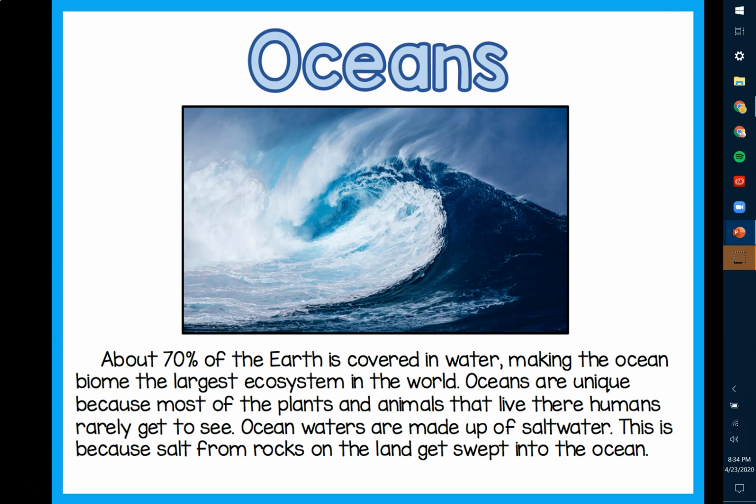So ocean water is still H2O, but it's salt water because the ocean is so big and so powerful, and it's constantly smashing against rocks, which loosens up particles of salt, and after millions and millions of years, now all those salt particles have filled up the ocean. So the ocean is completely salty.